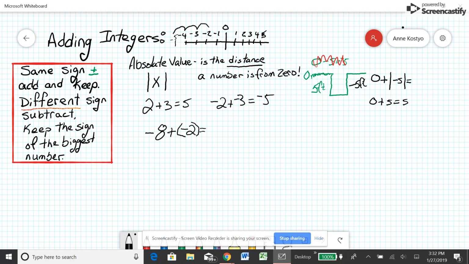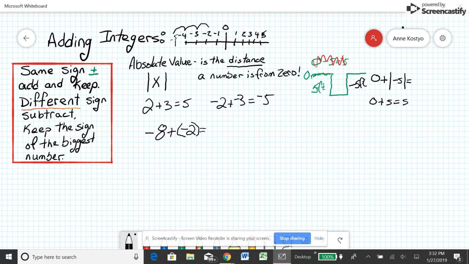Well, here's where a nice little rhyme comes into place. And the rhyme is in this wonderful red box that says same sign, meaning the sign is either a negative or a positive, add and keep. Different sign, subtract. Keep the sign of the biggest number.